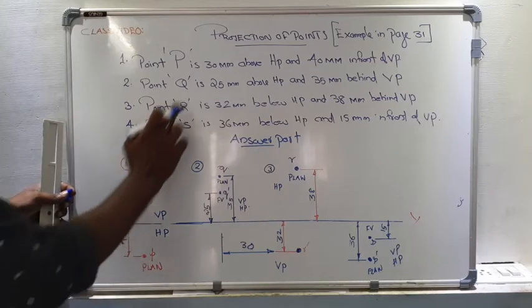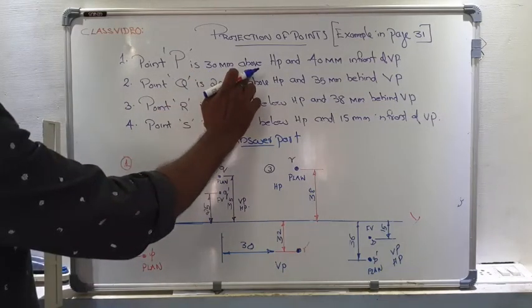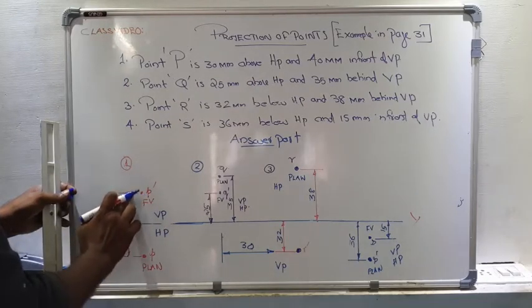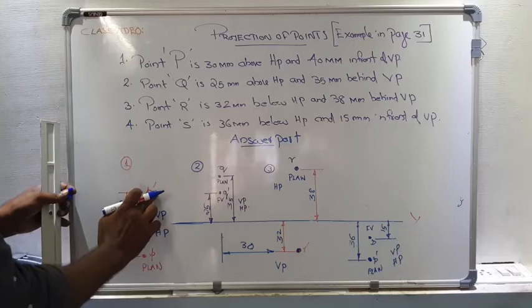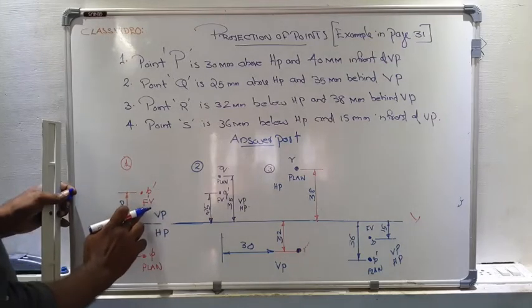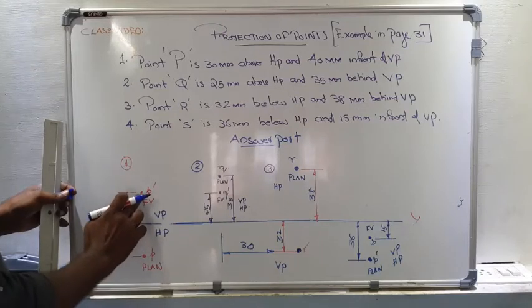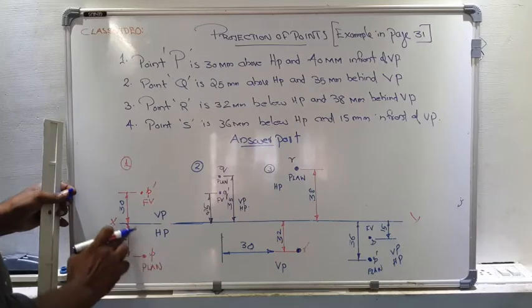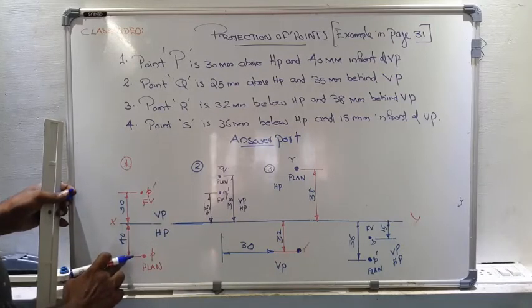So by keeping this 30 mm distance, we put a point here. That point is marked with small letter P dash. That view is called front view. Now within the same line, we put another point here. That point is marked with P, keeping 40 mm distance.